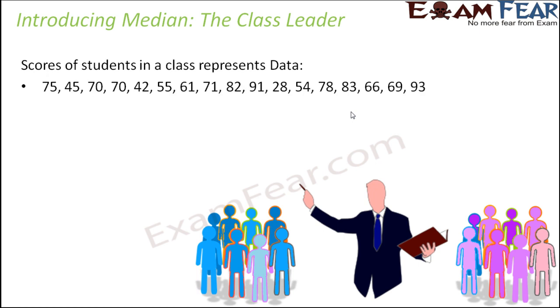So this is the score of different students in a class. Now this entire number of students are going to be divided into two different sets of data depending upon their scores. So those who have lower scores will be in one section, those who have higher scores would be in the other section. So how is the teacher going to divide it into two sections?